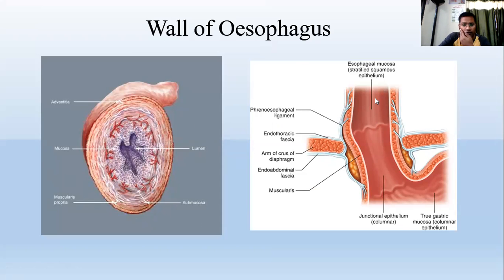So here the stratified epithelium changes into columnar epithelium. This is the junction, and this is the muscular part, which is considered the lower esophageal sphincter. You know the lower esophageal sphincter is not a real sphincter, it is just considered at the junction.